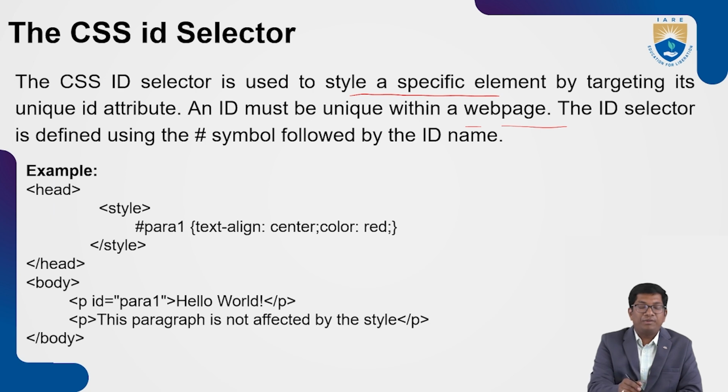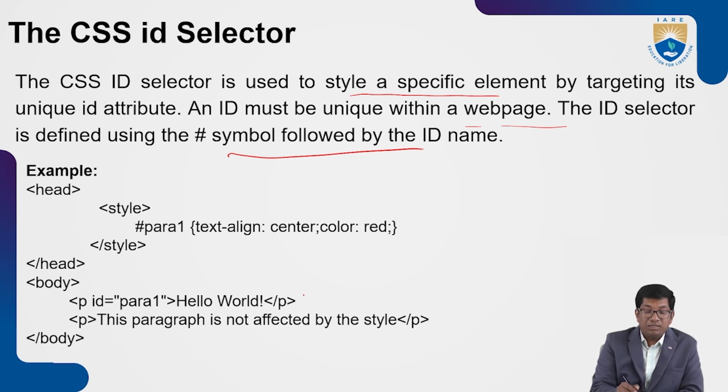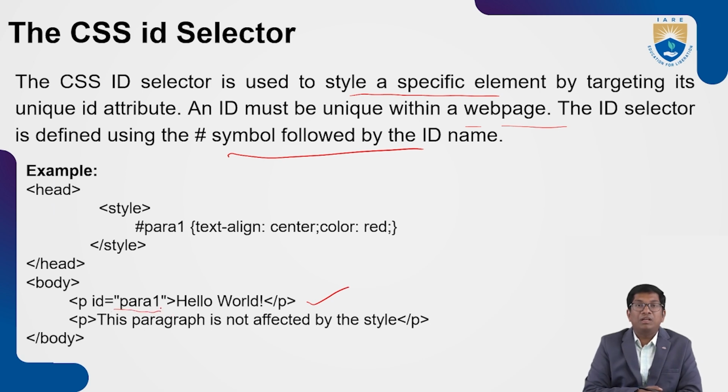The ID selector is defined using the hash symbol followed by the ID name. So if you want to apply CSS properties for that ID or that element, you have to use the hash symbol. Observe here: the paragraph element with ID equal to para1. This is the way we give the ID.